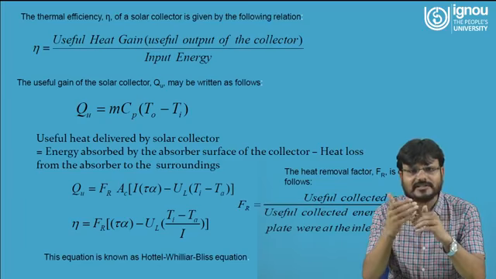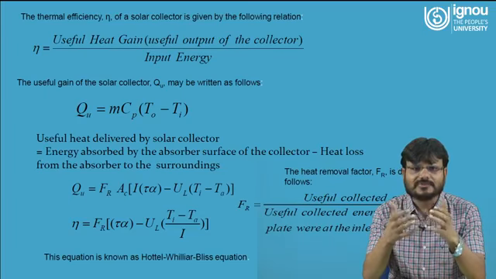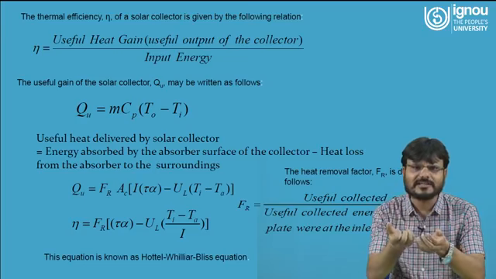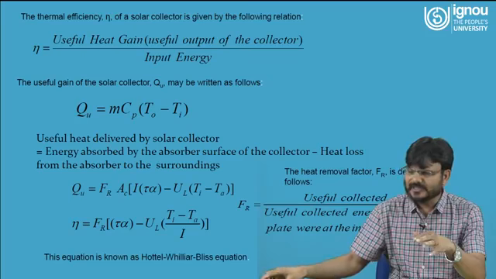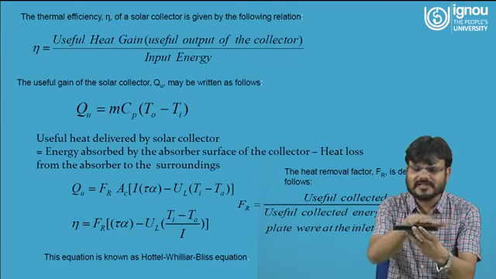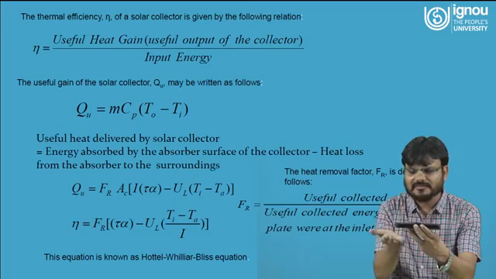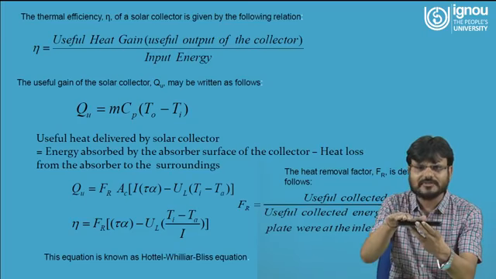Again, you can understand from this how to calculate the useful heat delivered by the solar collector: energy absorbed by the absorber surface of the collector minus heat loss from the absorber to the surroundings. So how much energy is trapped by the solar collector? How can you calculate it? Suppose this is the upper glass cover, and this is a chamber, with a glass cover above the chamber.